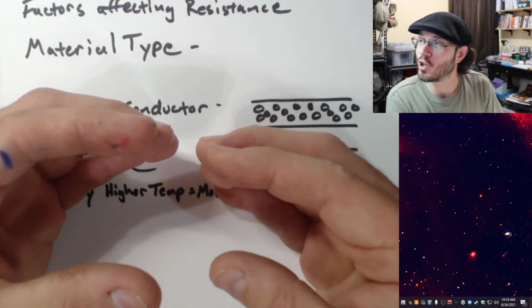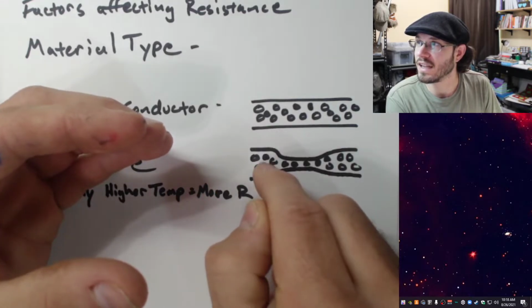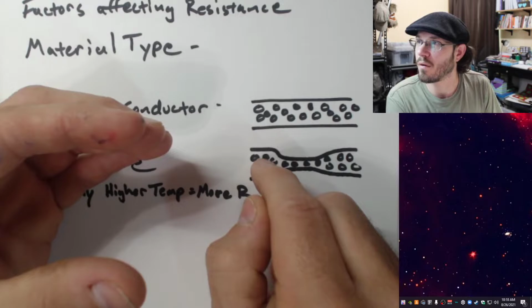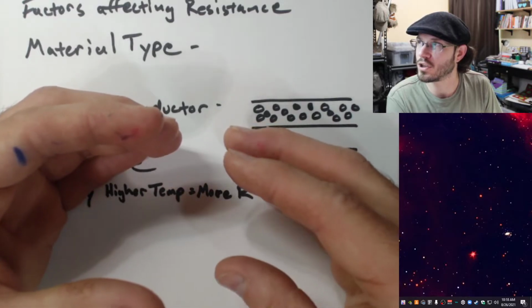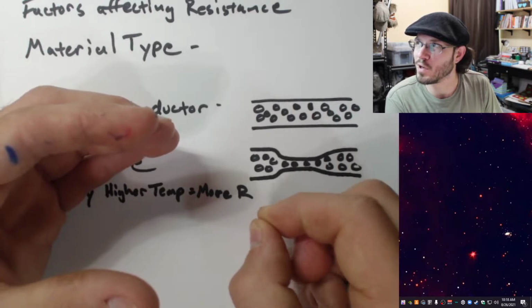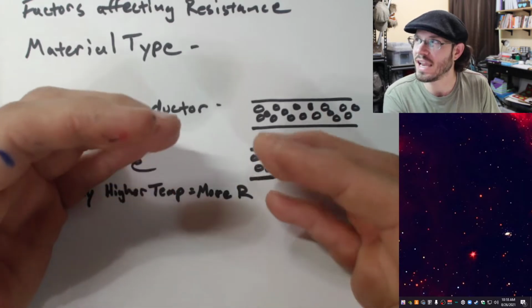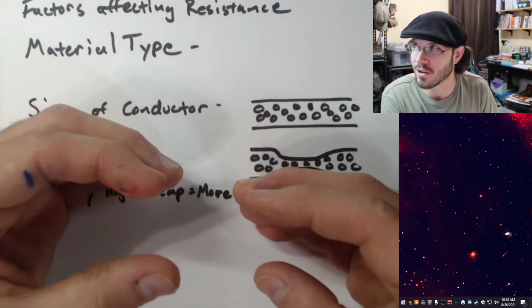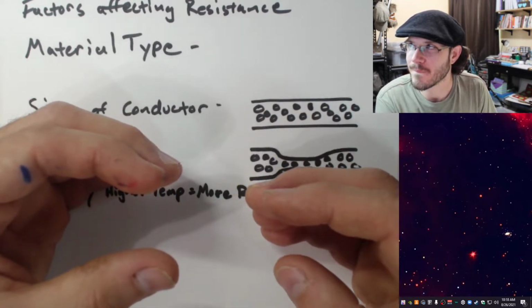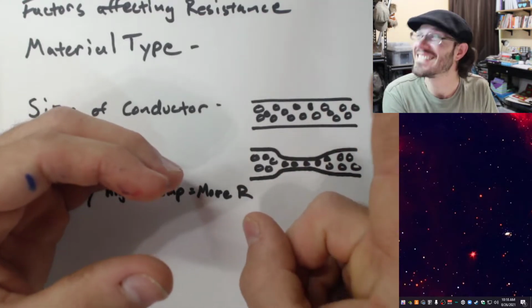But internally in the structure of those atoms, if I were to increase the temperature, those electrons are wiggling a little more. So it's really more of a wiggling of the electrons than a physical change in the size of the material. So it's like trying to navigate walking through a dance floor as opposed to everybody just standing around.